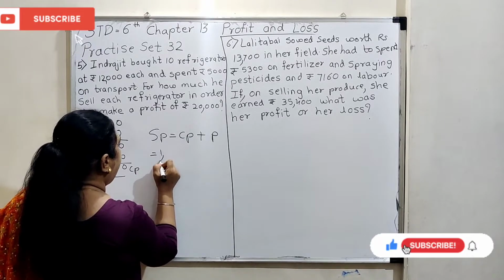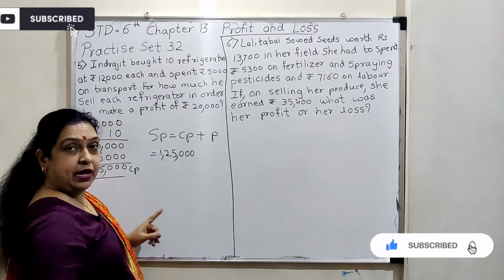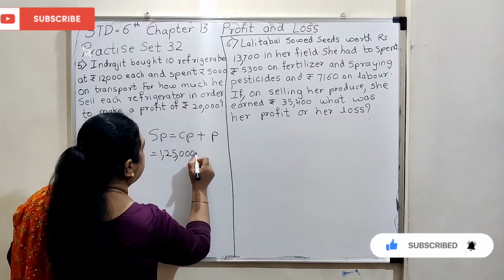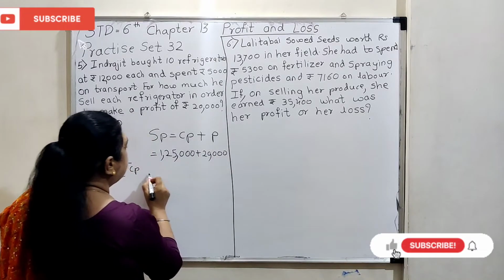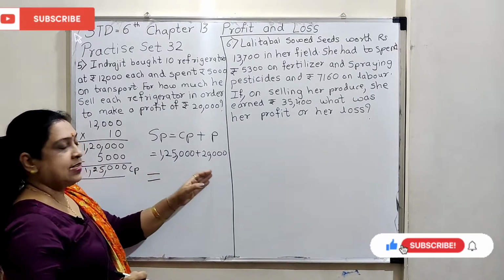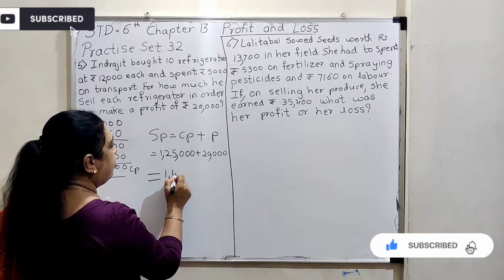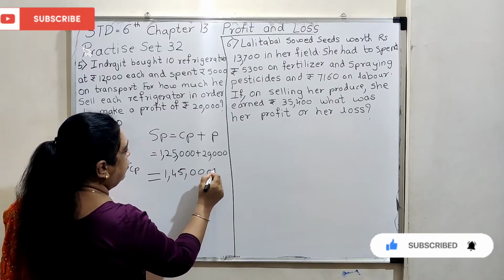Cost price is 1,25,000 rupees. Plus they have told he wants 20,000 profit. So we have to add 20,000 profit. So how much is this? Add and write. It's 1,45,000 rupees.